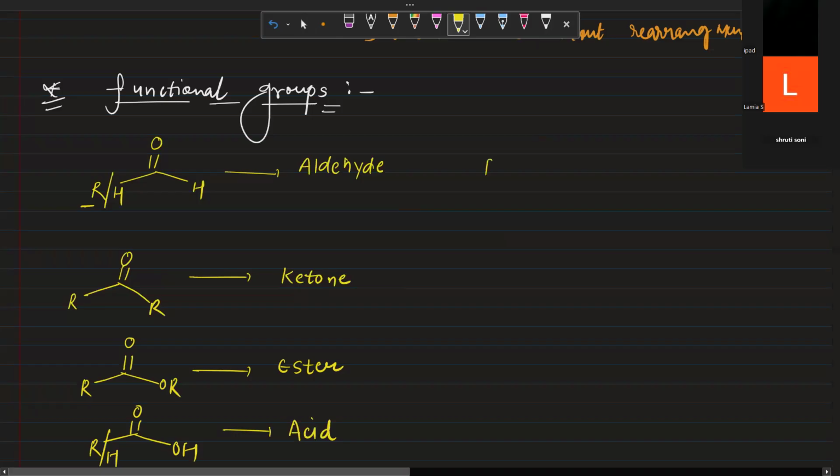If there is R, double bond O, X, it's acid halide. If there is an O in between two R groups, this is ether.